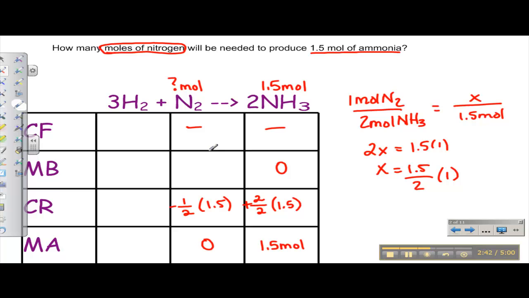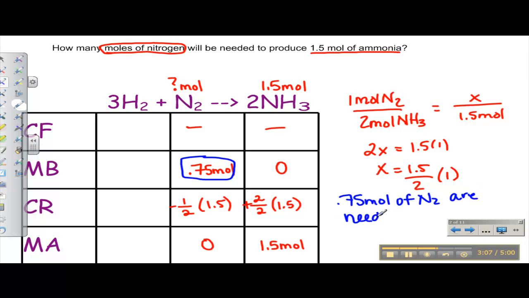So again, working backwards, when we do this fraction here, we end up with 0.75 moles of nitrogen, and this is actually our answer here. So 0.75 moles of nitrogen are needed to produce 1.5 moles of ammonia.